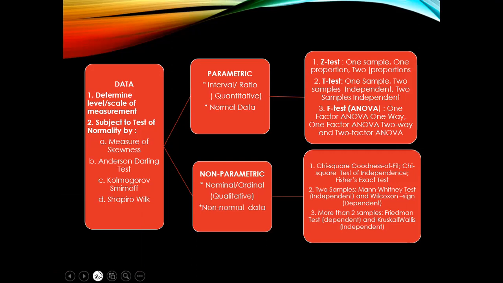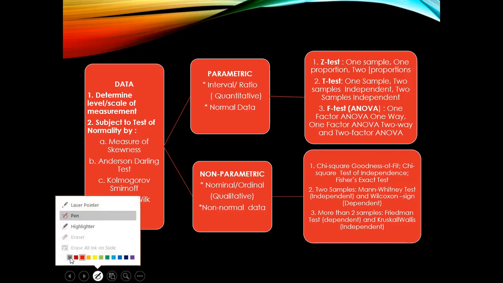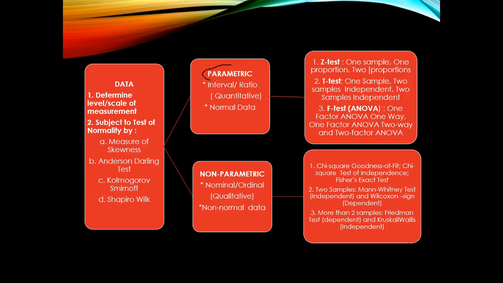Okay, so let me highlight that. Okay, so meron tayong parametric and meron din tayong non-parametric. Okay, so ulitin ko lang, sa under parametric, gagamitin natin ito if your variable is either interval or ratio. Kung ang level or scales of measurement niya nag-fall under interval or ratio. Ano-ano ba itong mga data na to?